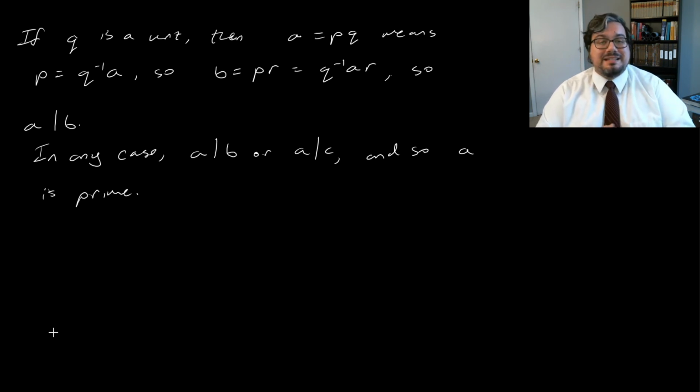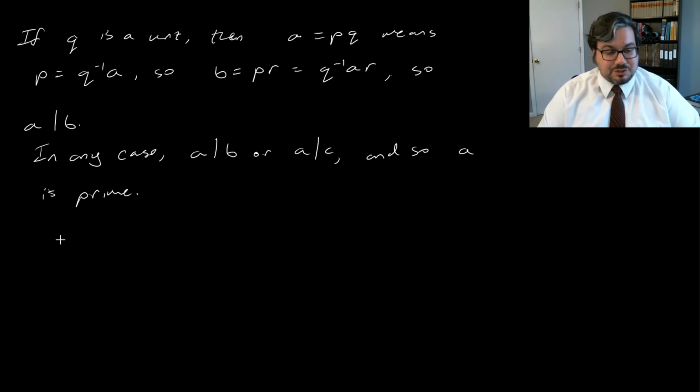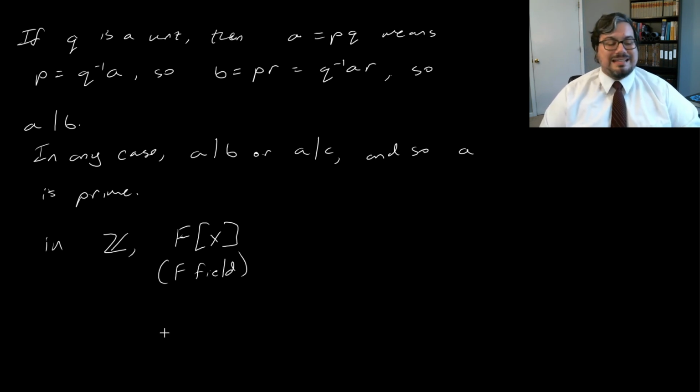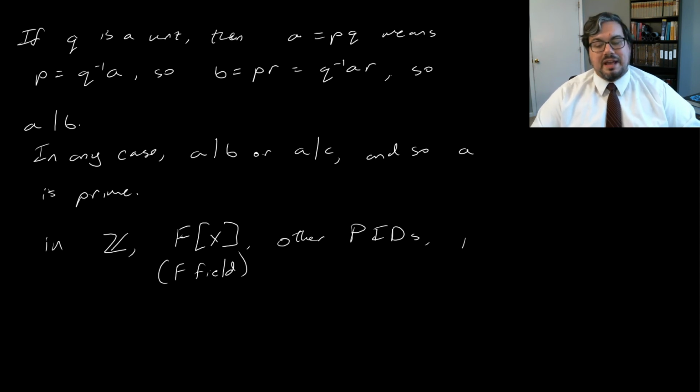So this means that in principal ideal domains, such as the integers, or polynomial rings over a field, all right, so this is when F is a field, we know that both of these are principal ideal domains, and in any other PIDs that we run into, we have that prime elements and irreducible elements are the same.